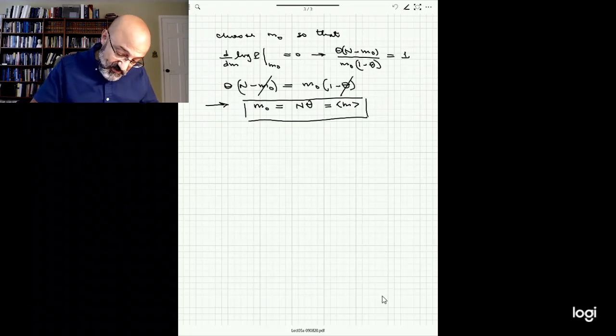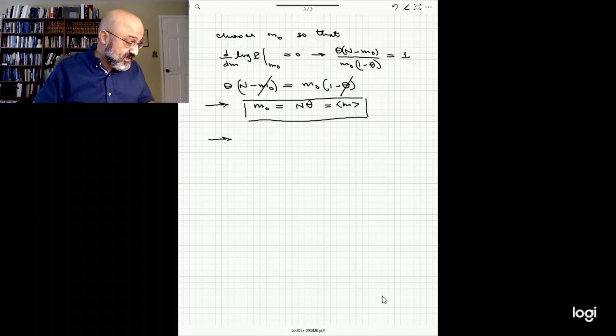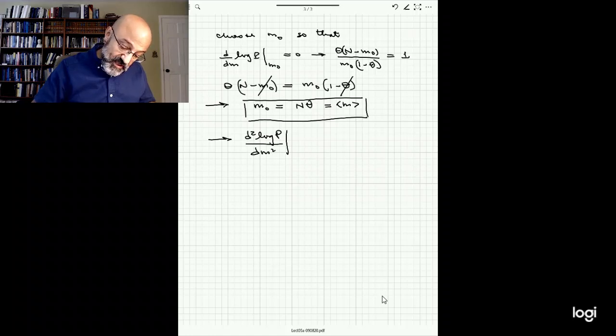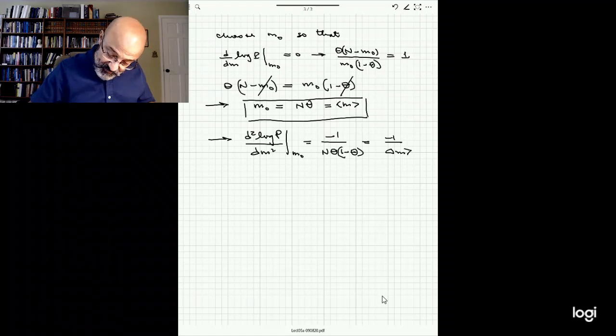And for the second derivative evaluated at m0, once you do the calculation, it's going to be minus 1 over n theta (1 minus theta), which is equal to minus 1 over the variance squared. So we're done. Let's see what we obtain.